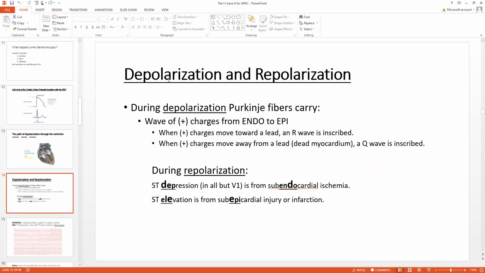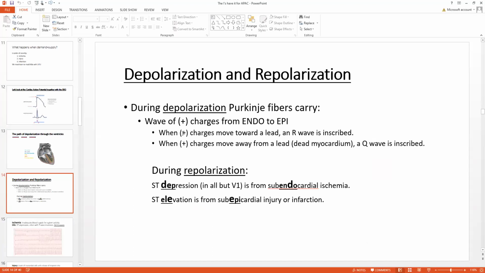So let's talk about depolarization and repolarization electrocardiographically now. During depolarization, Purkinje fibers carry a wave of positive charges from endo to epi, just the opposite direction from the blood supply, which goes epi to endo.